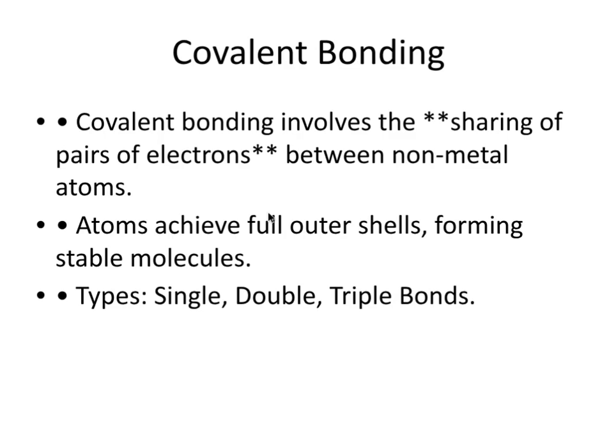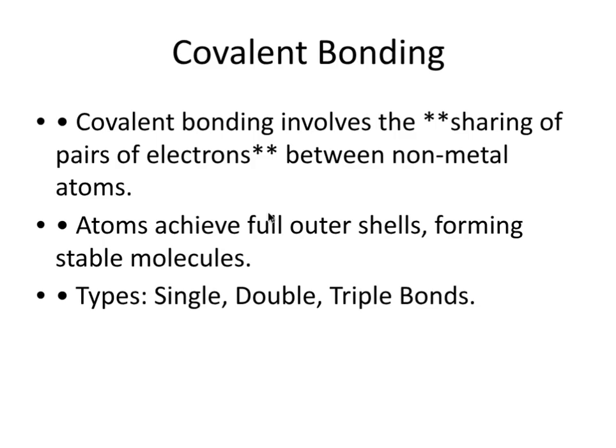Covalent bonding. Covalent bonding involves the sharing of pairs of electrons between nonmetal atoms. Covalent bonding also helps the sharing of electrons with other atoms. Atoms achieve full outer shells, forming stable molecules.